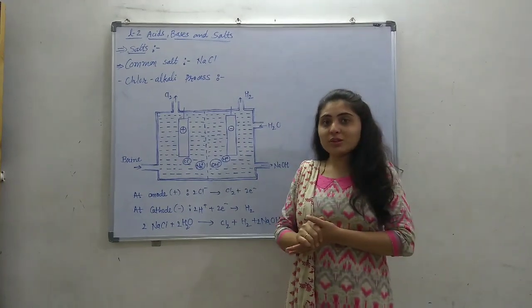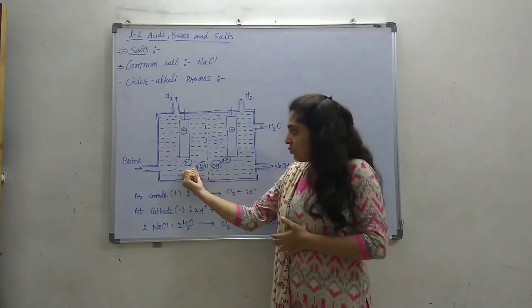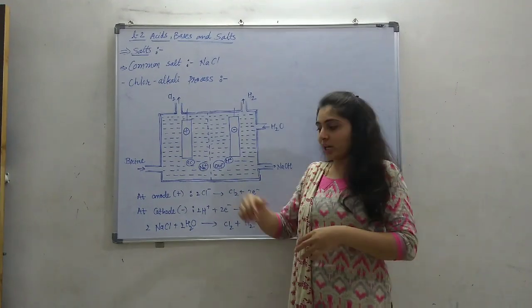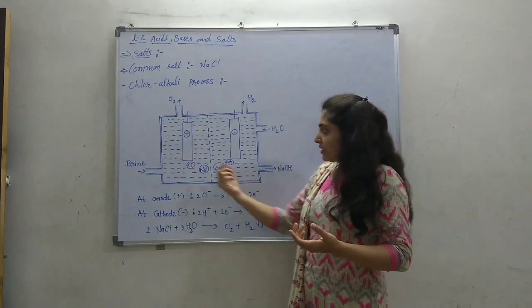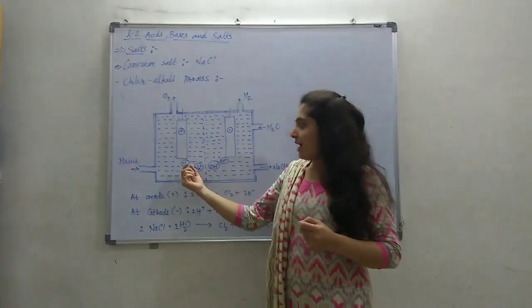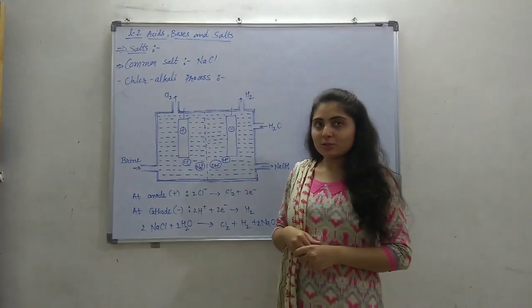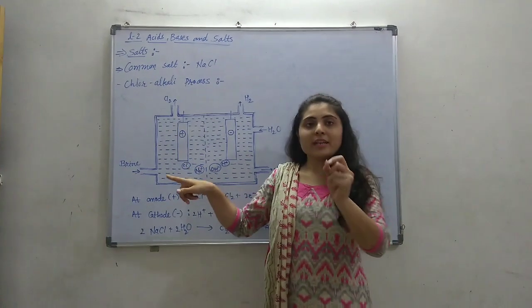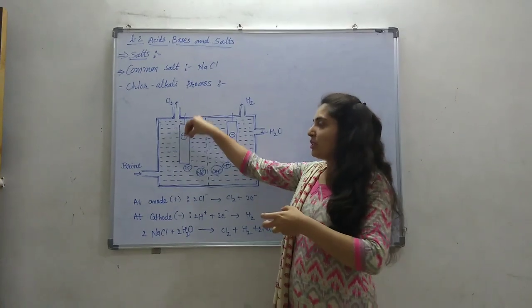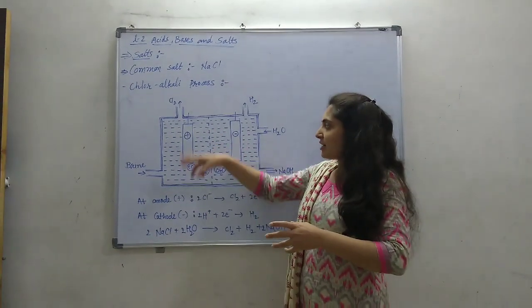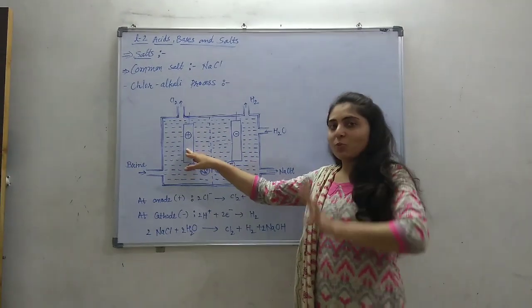NaCl will dissociate into Na+ and Cl-. The chloride negative ion is attracted towards the positive electrode. A negative ion has an extra electron, so this extra electron is given to the positive electrode.